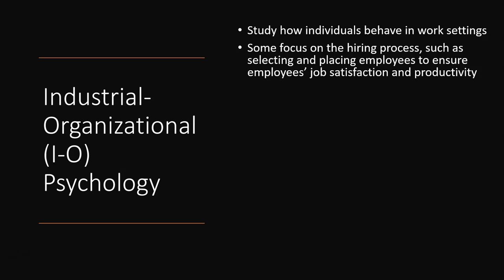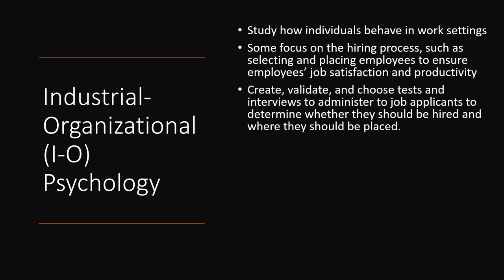So they may be creating selection programs, doing testing and assessment to ensure that employees are a good fit for the jobs that they've been assigned to, increasing their level of satisfaction and productivity as a result.